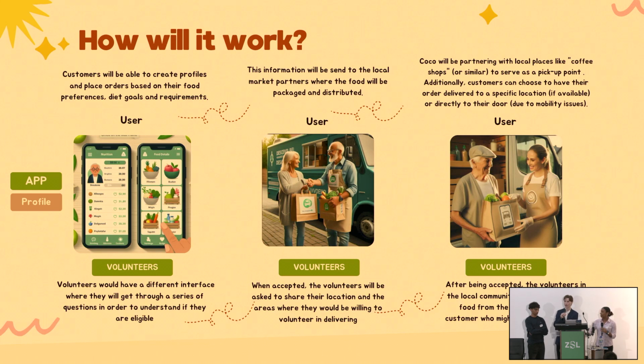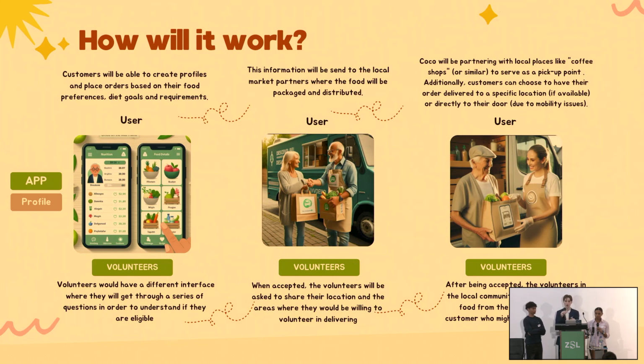So Coco is not just a food delivery app. It's about creating a community for the seniors that will be using it. So we have a unique initiative that volunteers will help to deliver the food, and the app will also provide a community for seniors to connect, so they can learn about nutrition and they can connect with each other.